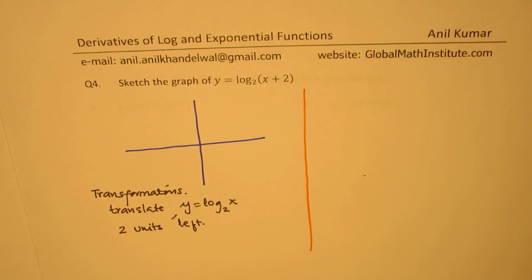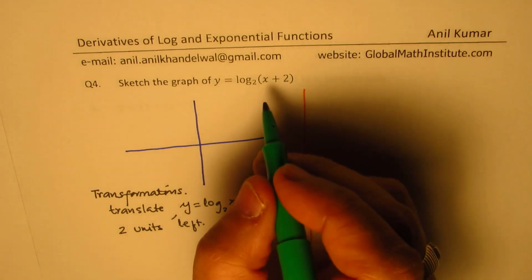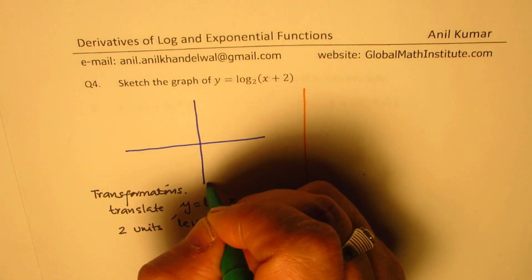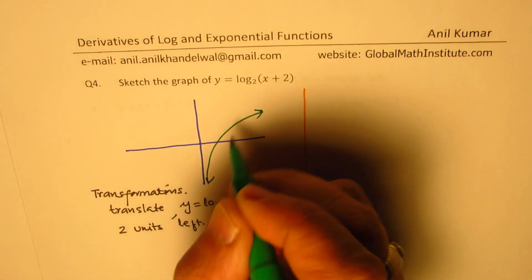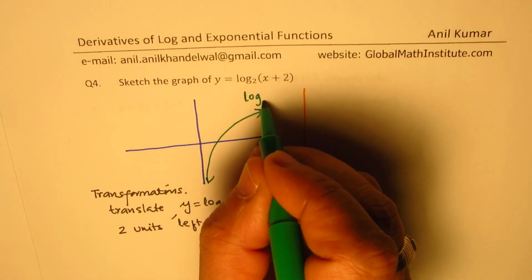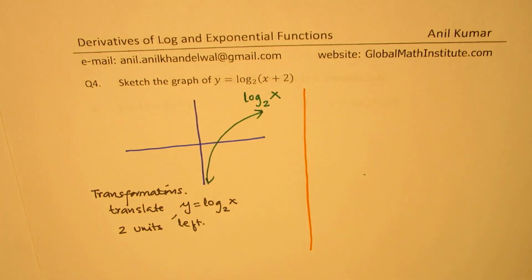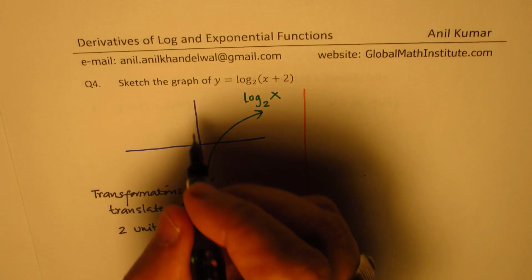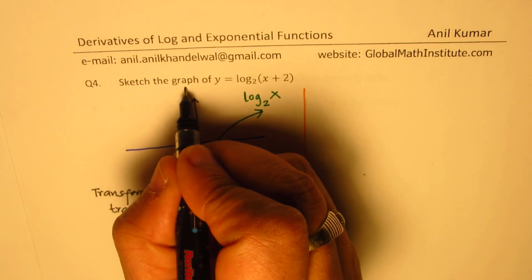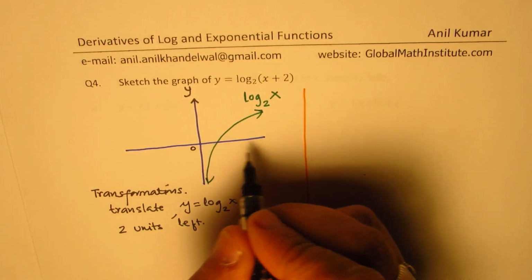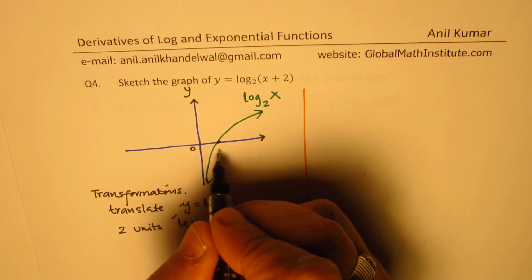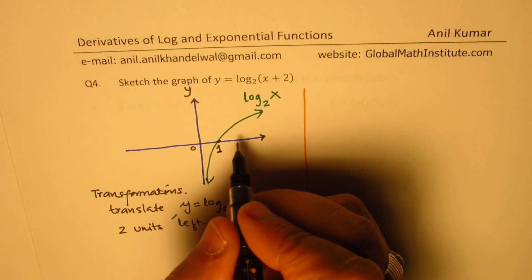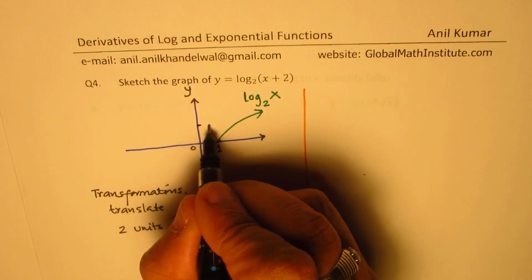Let me sketch the graph of log to the base 2 of x. The critical points here will be a vertical asymptote at x equals 0, a point at 1 where y is 0, and at 2 we have 1.